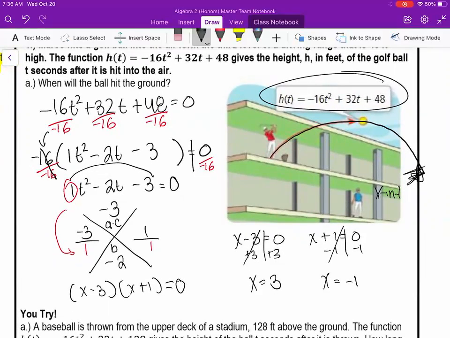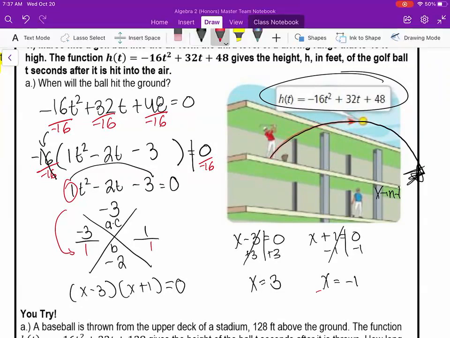Now, we're talking about time, right? We know that t is going to represent seconds. And all of a sudden, I changed it to x. I'm sorry, I'm just so used to x. I went from t to x, but it doesn't really matter. We're just looking for the variable. So since we're talking about time in seconds, we can't really use negative 1, because we don't have negative 1 seconds.